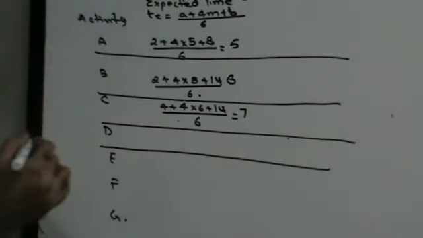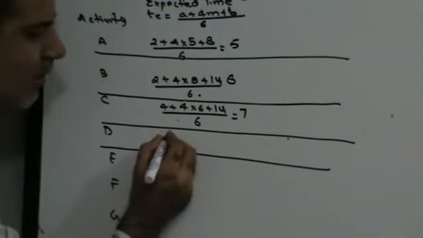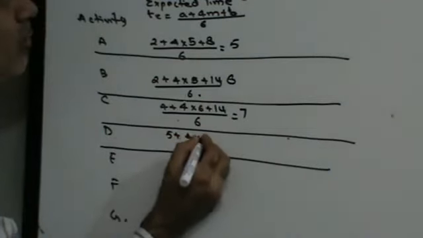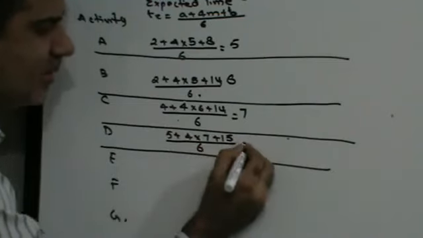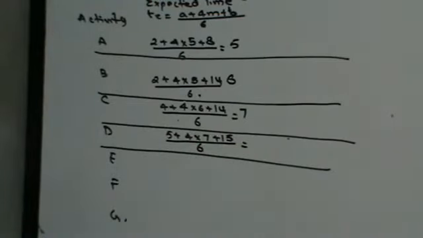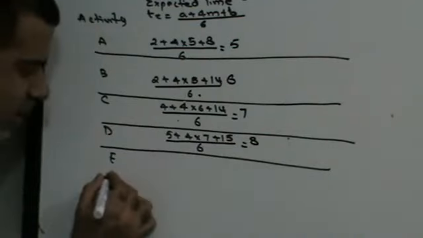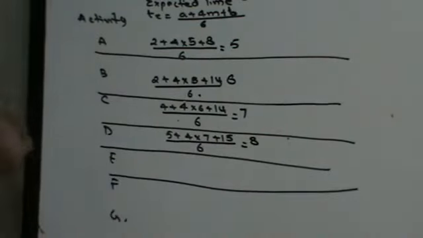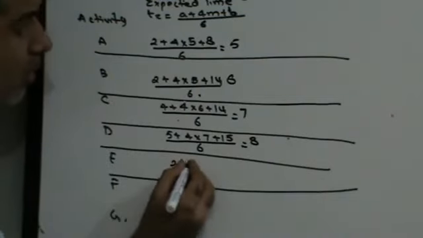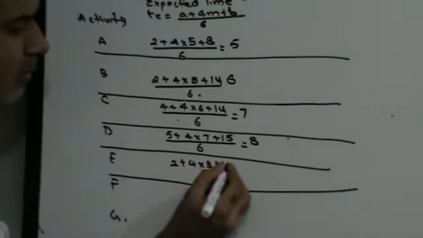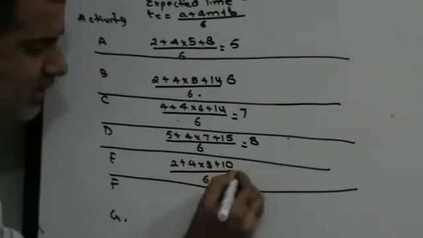For activity D, it is going to be 5 plus 4 into 7 plus 15 divided by 6. 7 4s are 28, 33, 48. 48 divided by 6, 6 8s are 48, that is 8. For activity E, it is going to be 2 plus 4 into 3 plus 10 divided by 6.